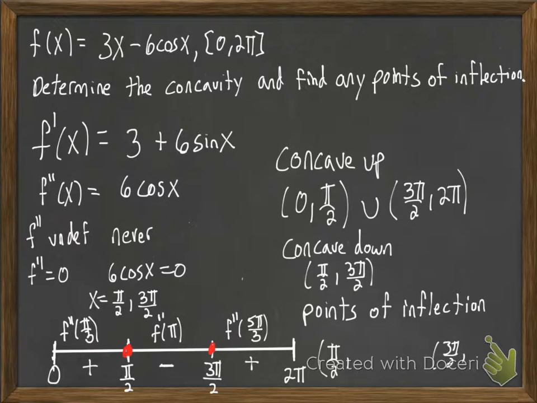So the point is pi over 2, 3 pi over 2. Again, evaluating the original function, when you plug 3 pi over 2 in, you'll have 3 times 3 pi over 2, which is 9 pi over 2. Cosine of 3 pi over 2 is 0. So the other point of inflection is 3 pi over 2, 9 pi over 2.